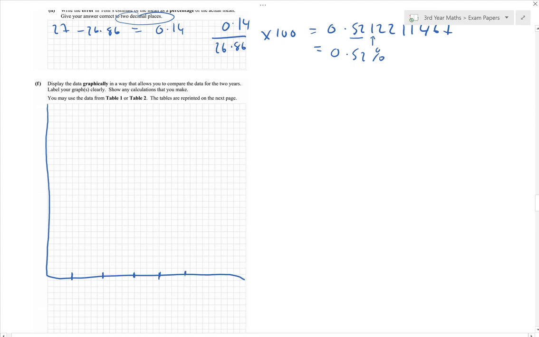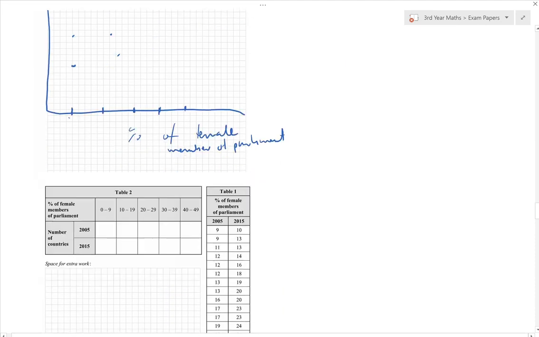Okay, so those are your percentage of female members. Write exactly what each value is. Then up here you can do actual values and then just dot them and you're able to compare them. Now I might do this question in class so it will make clearer sense. Okay.